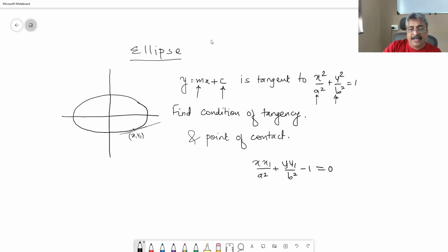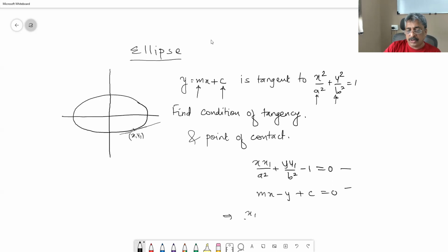Correct? And if we write the equation mx minus y plus c is equal to 0, both of them should be tangents. So both of them should be the same geometric line having two different algebraic expressions, and hence their coefficients must be proportional.